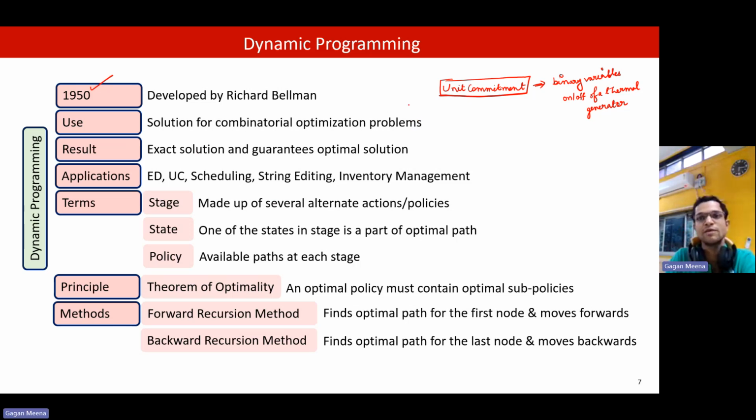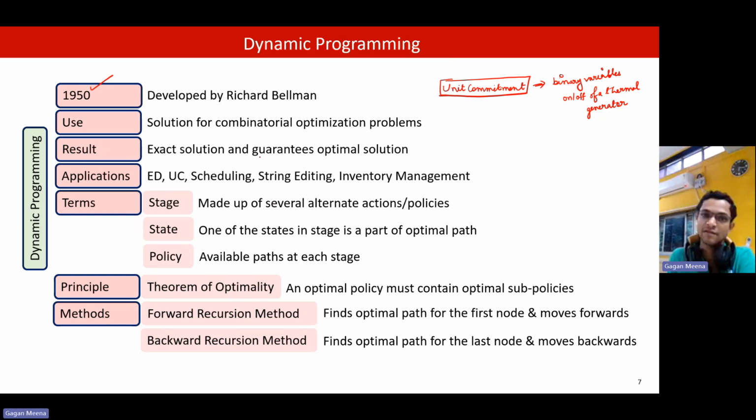Also, one important thing is dynamic programming can be used when we have small sub problems which can be combined to make the overall problem. In those cases only we can use dynamic programming. In unit commitment, we have small sub problems for each time block and we can combine them together.